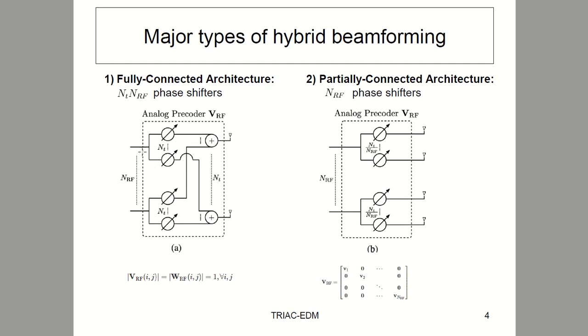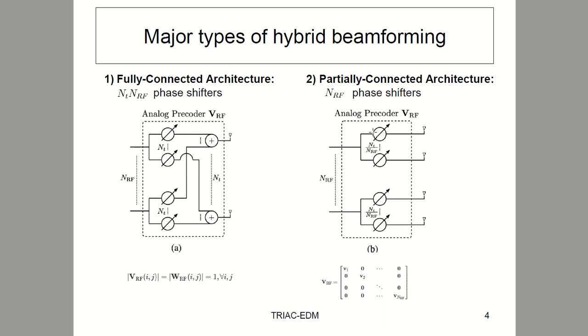You have these RF transmitters that come in, and the data streams coming in get analog phase shifted and then go to the antenna and get transmitted.